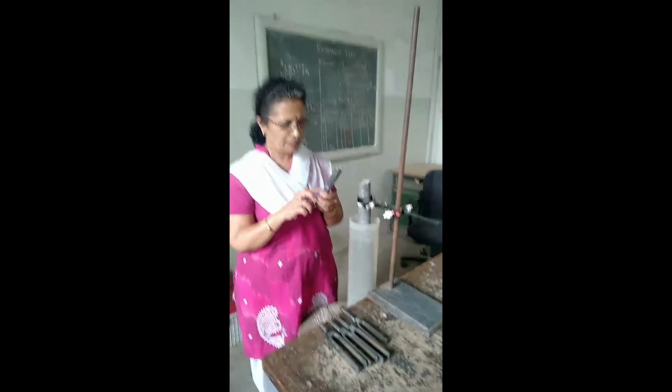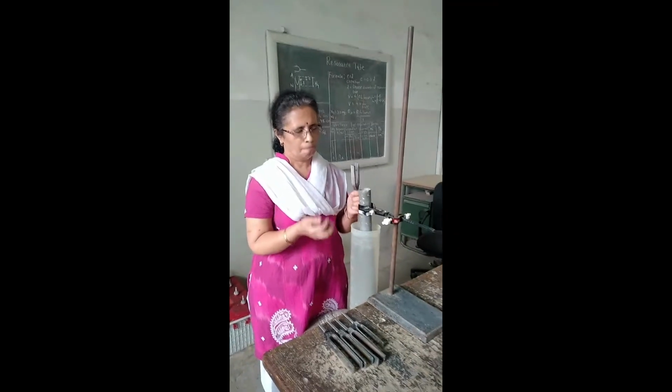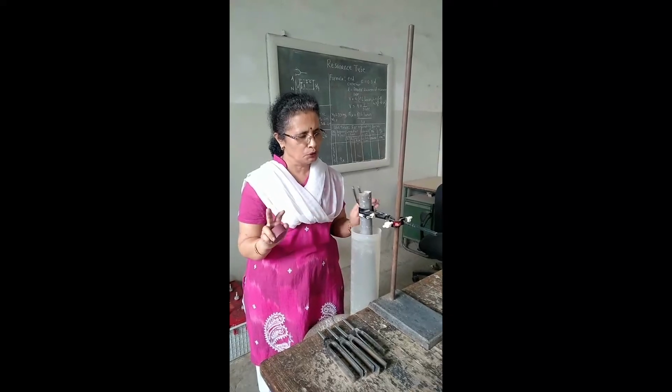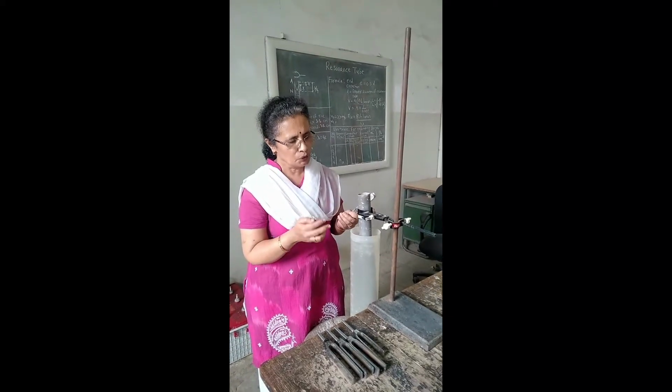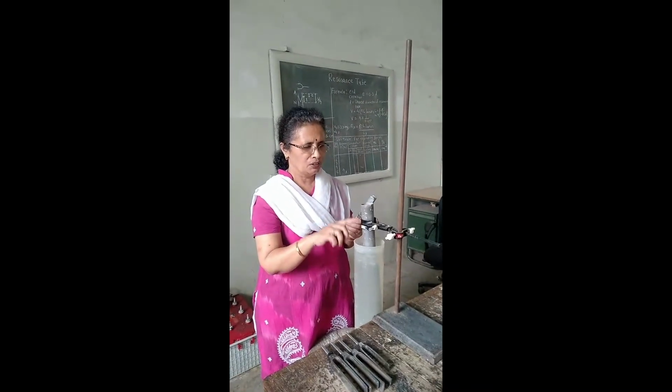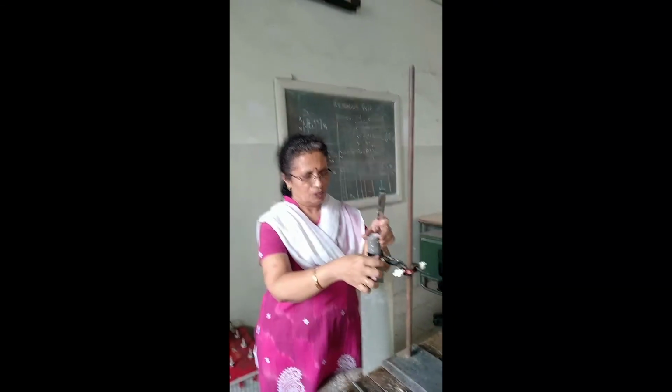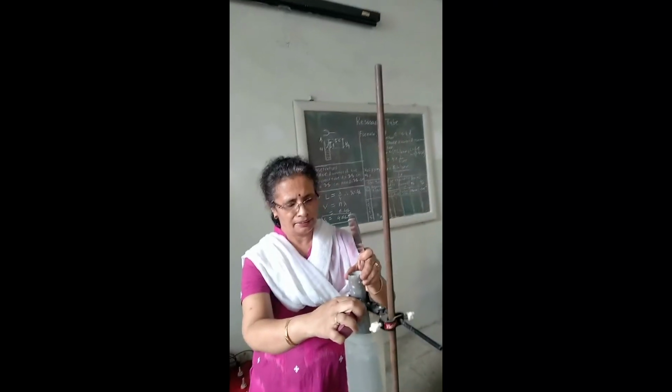It means that it is vibrating 512 times in a second. The air particles are vibrating with their own fundamental frequency. We don't know that frequency right now. We want to match the frequency of the air column with the frequency of the tuning fork by doing resonance, or by finding the resonating length.